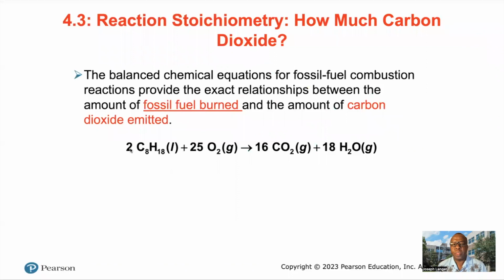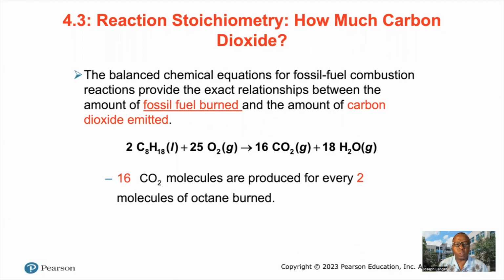Notice the numbers in front of the reagents. They represent the number of moles or molecules. So you read this as 16 moles or molecules of CO2 are produced when 2 molecules of octane react. You see, this is a lot.